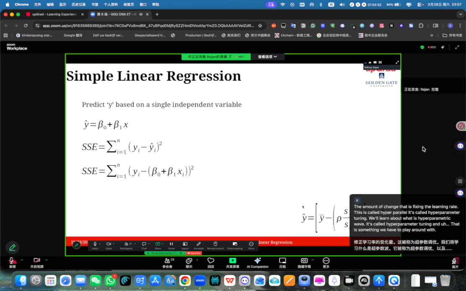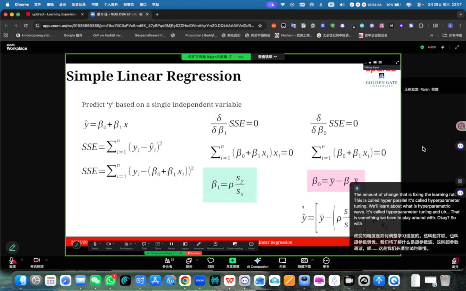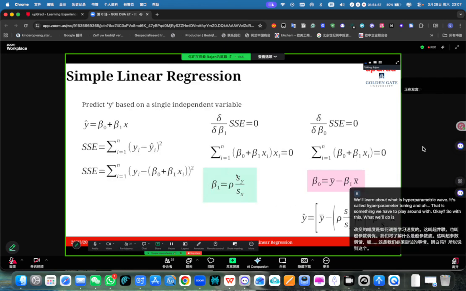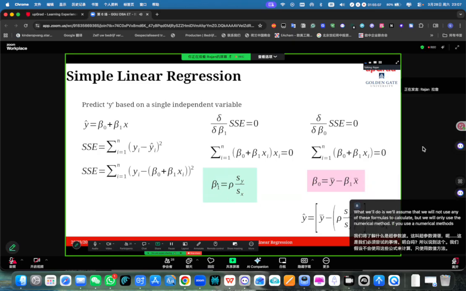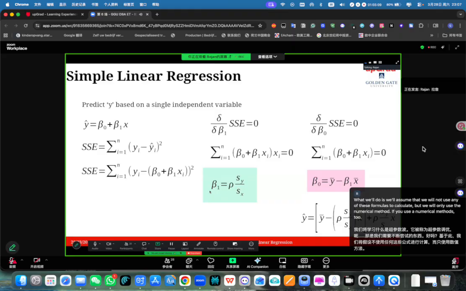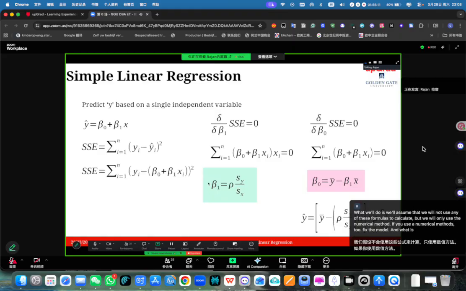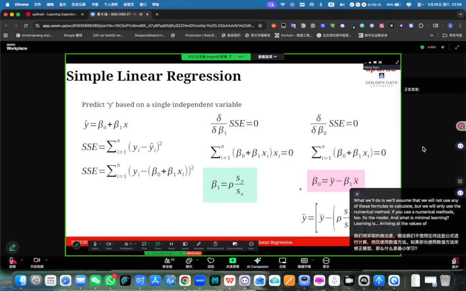So with this, we will assume that we will not use any of these formulas to calculate, but we will only use the numerical method. We will use numerical methods to fit the model. And what is meant by learning? Learning is arriving at the values of beta naught and beta 1 such that we have the least sum of squared errors.